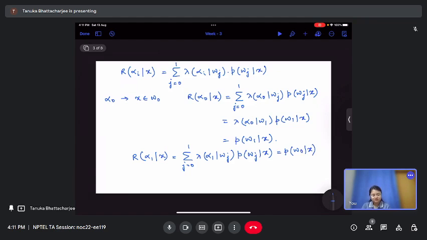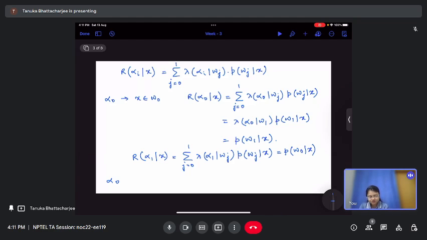and the other term when we put j equal to 1, that is lambda alpha 1 given omega 1, that is correct classification. So, that loss is 0. So, we will not have that term. So, these will be the two risks. Now, since we are asked to do the minimum risk classifier, that means we will take the action alpha 0 if the risk of taking that action is minimum.